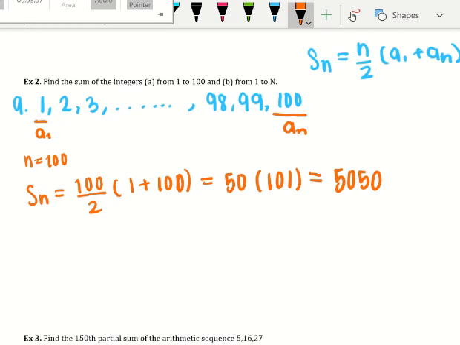All right, part B says find the sum from 1 to n.